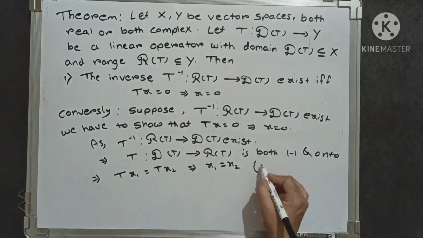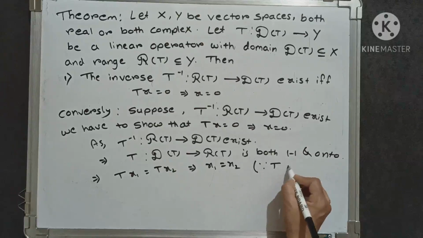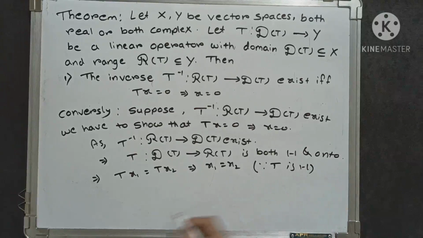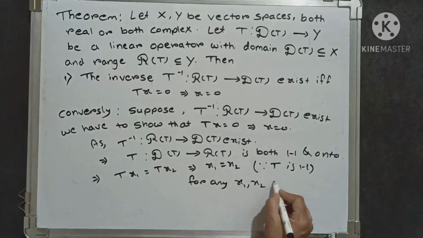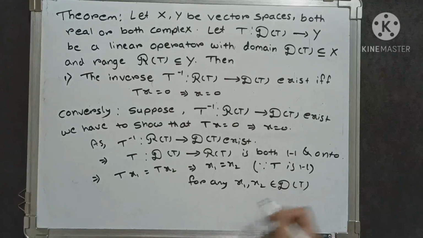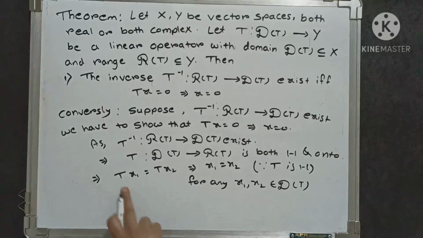The reason is that since capital T is 1-1, for any x1, x2 belonging to the domain, if the mapping is 1-1, then the images being equal implies that the points are equal.